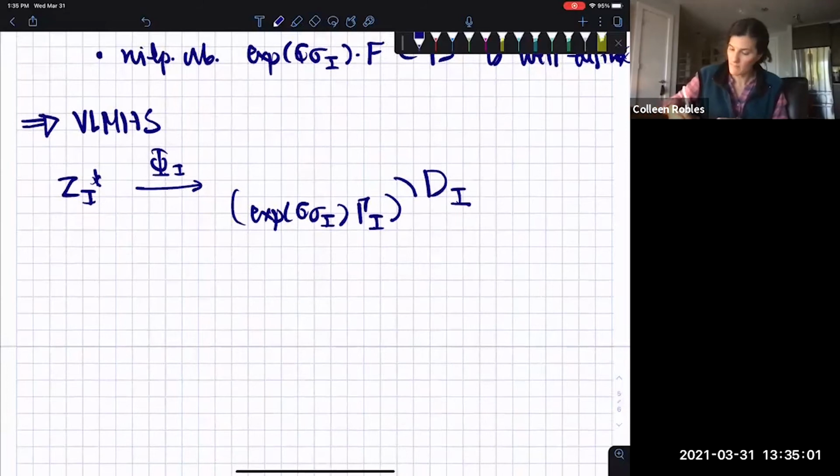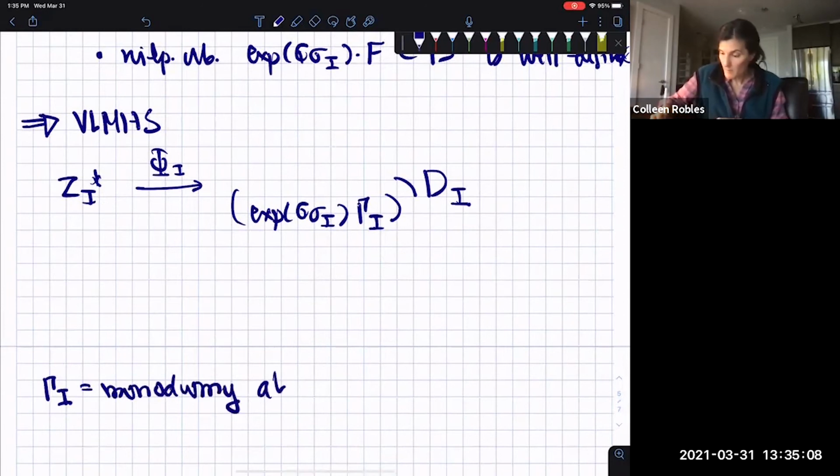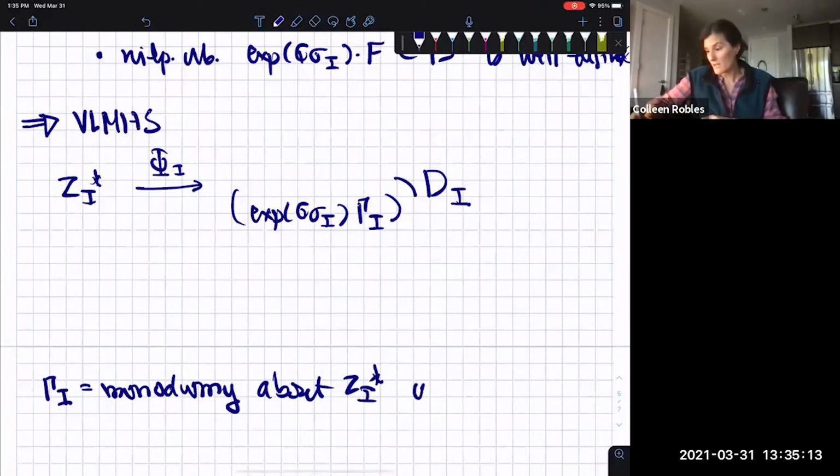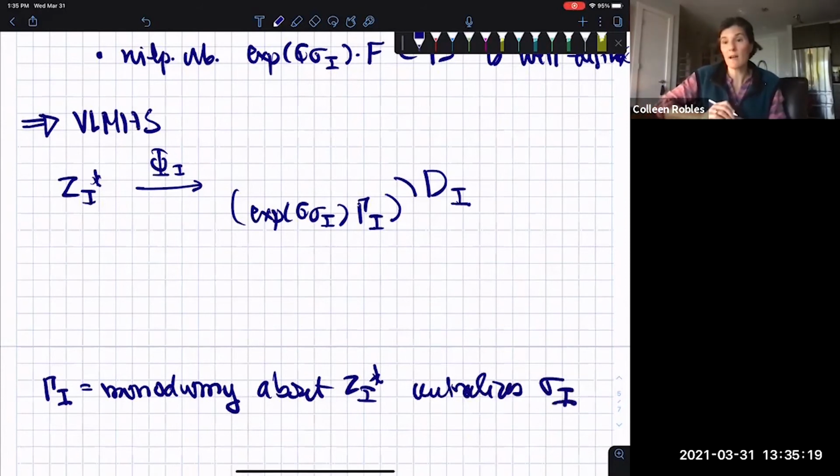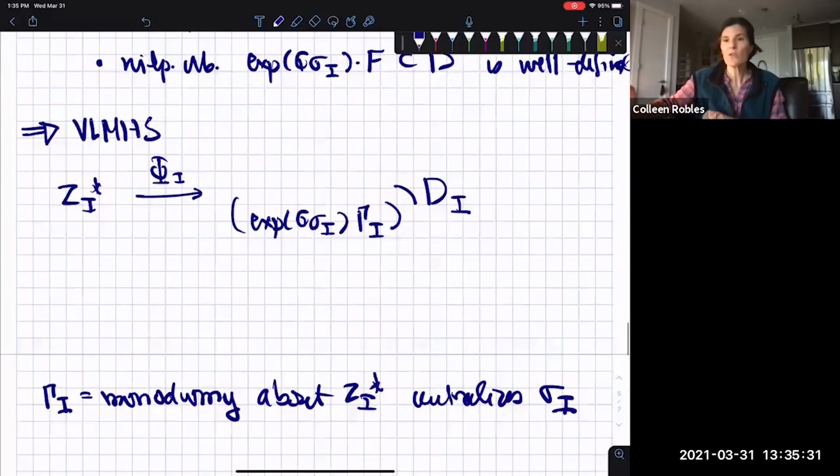So gamma I is the monodromy about Zi, and it centralizes the nilpotent cone of logarithms of monodromy, and so in particular, it fixes the weight filtration. For convenience in a lot of the talk, I'm just going to assume that the monodromy is neat.